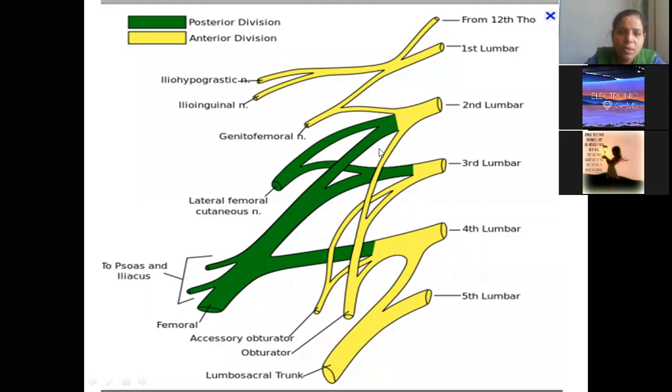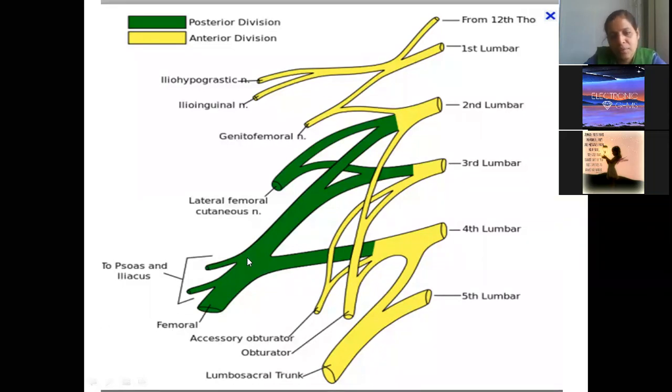Here the posterior divisions of L2 and L3 are joining to form the lateral femoral cutaneous nerve, and the posterior divisions of again L2, L3 and L4 join to form the femoral nerve. This is very important. We are going to discuss this in detail.